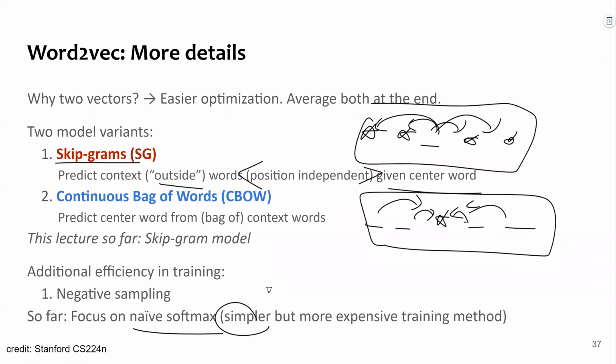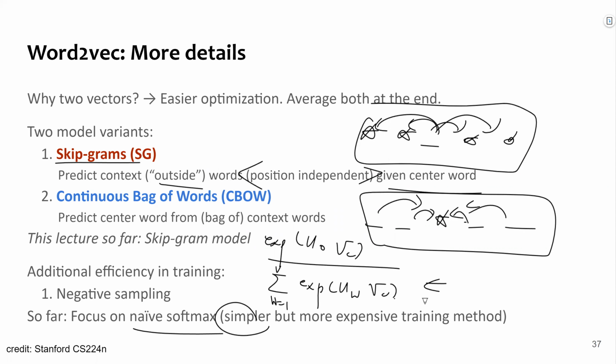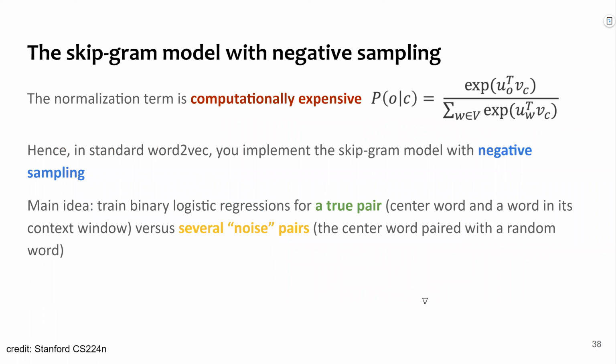However, it is quite expensive because we need to calculate this summation over and over again, and this part is quite costly. This is the repetition of what I told you in the previous slide. The normalization term is computationally very expensive.